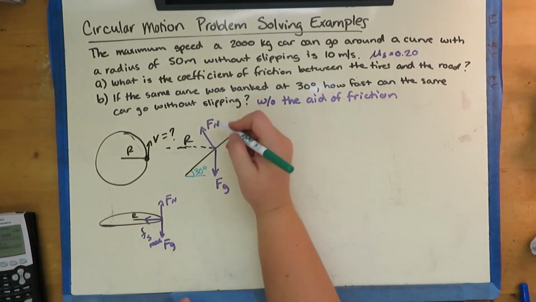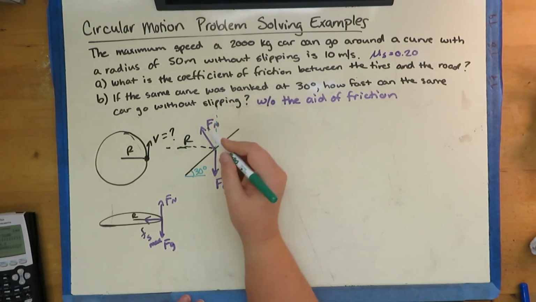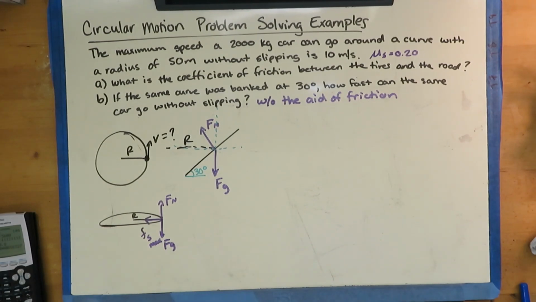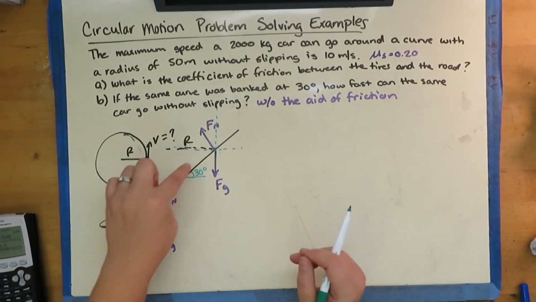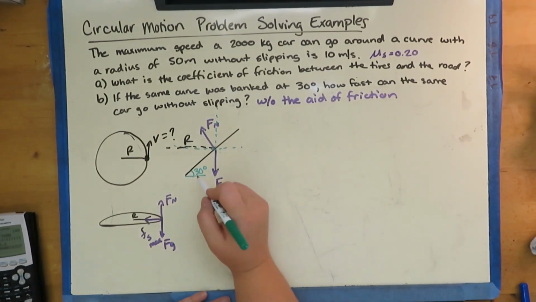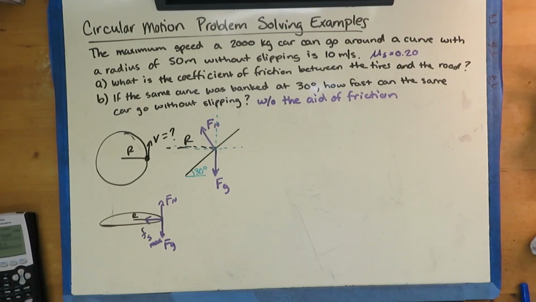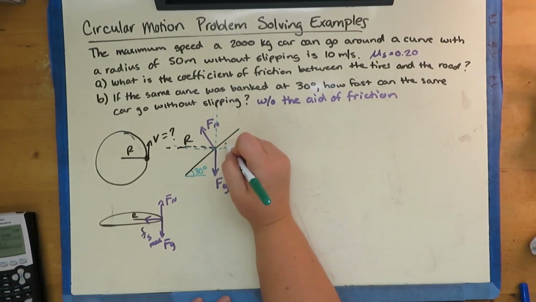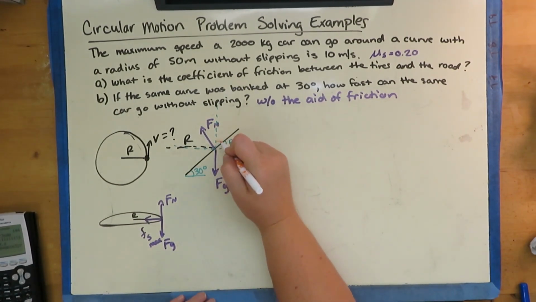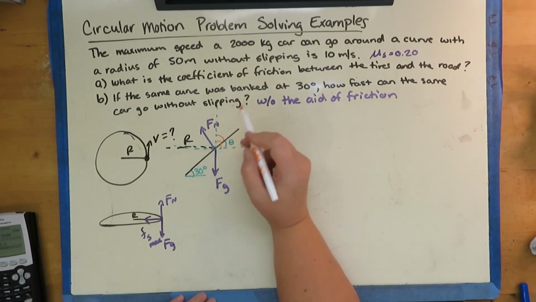So when I want to think about this, I'm going to need to resolve my normal force into components. My gravity is perpendicular to my radius, so gravity is not responsible for being able to go around this curve. It's not helping at all. So I need to break my normal force into proper components, but I need to make sure I keep it in terms of the same 30-degree angle, that angle theta right there. So if I have a 90-degree angle here, then this angle is going to be 90 minus theta.